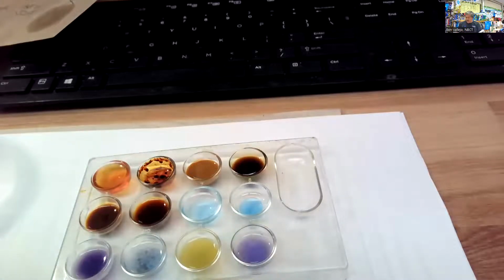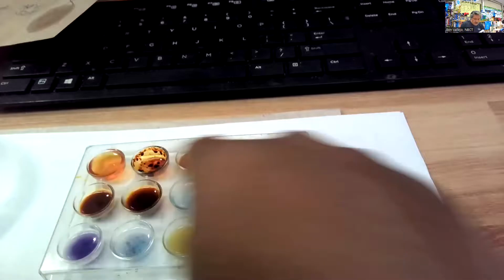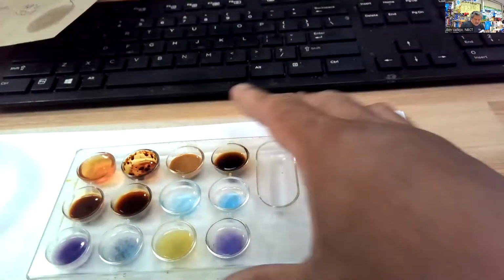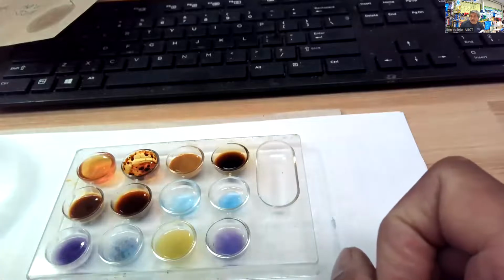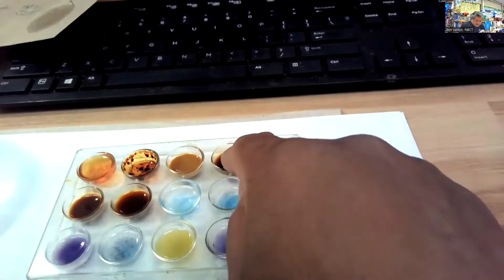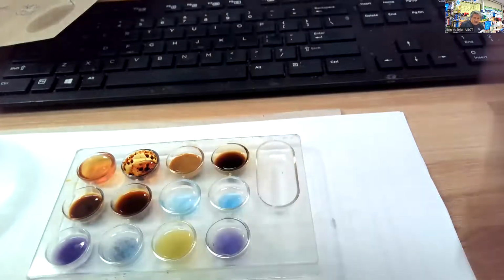And with the spot plate results, I want to remind you that the first four plus these two right here were from the iodine test, the Lugol's test for the presence of polysaccharides. And it looks like the positive one is this one right here. And this one right here.